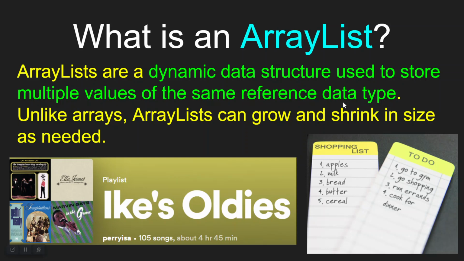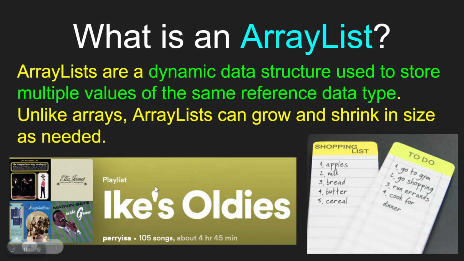Now that's important. Array lists can only store reference data types. So we're going to have to make a couple of adjustments in order to work with our primitive data types. Unlike arrays, though, array lists can grow as well as shrink in size as needed. So that's one of the big benefits of them.